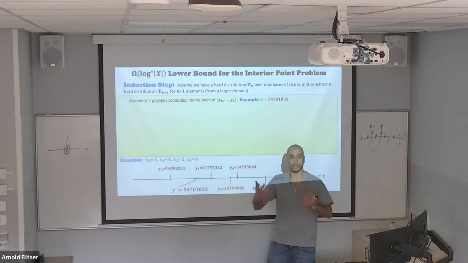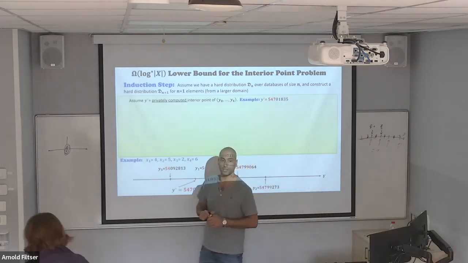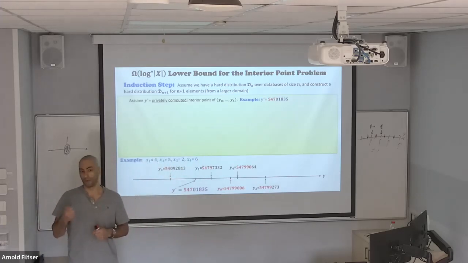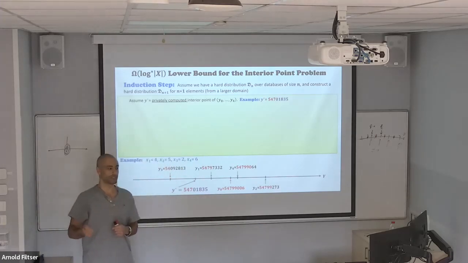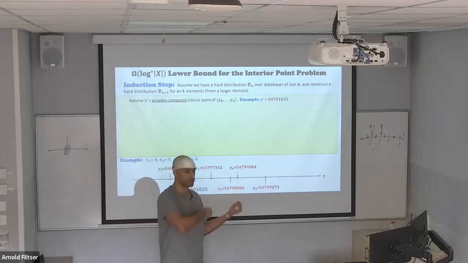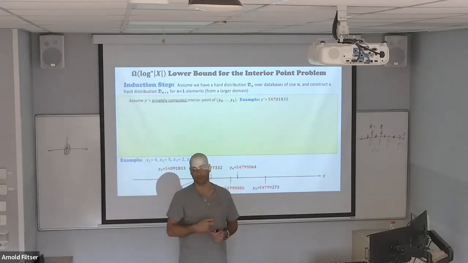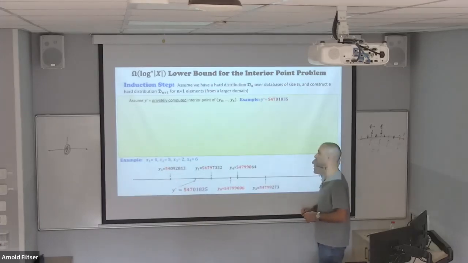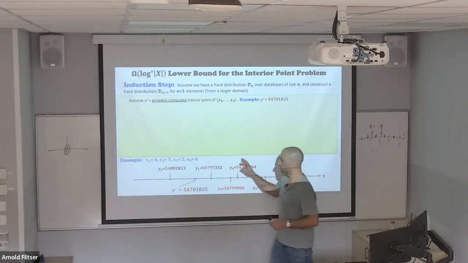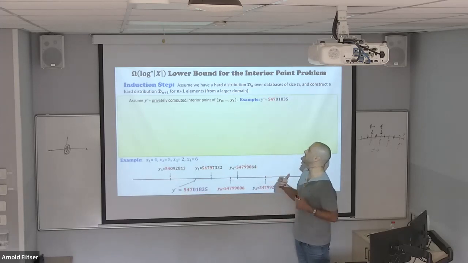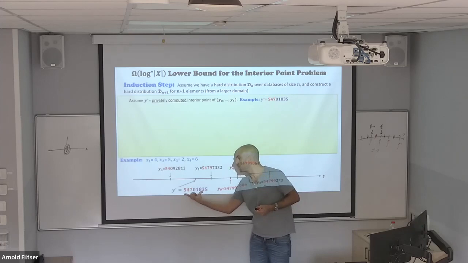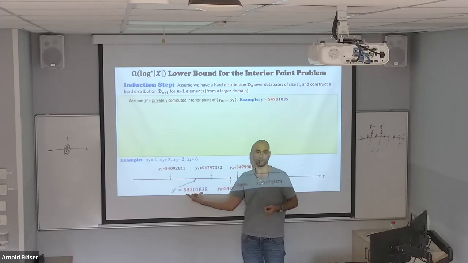So let's assume that I have a differentially private algorithm that solves dn+1. I want to show you that if that's the case, then I can construct a differentially private algorithm that solves dn, and that's impossible by the inductive assumption. So let's assume that I can privately solve dn+1, and let's say in the example that I ran this algorithm and got this point as my outcome.